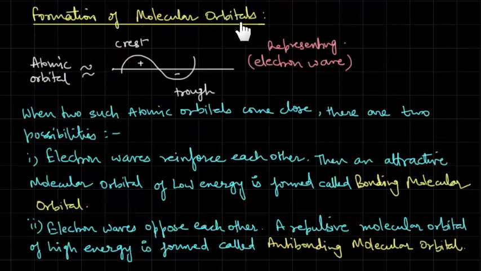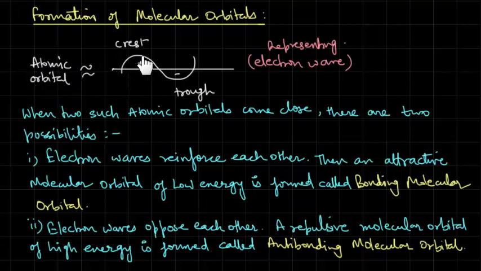So, formation of molecular orbitals. Let's understand in a bit more detail how they are formed. It's a quantum theory, so it's basically theoretical. There's not much mathematics involved, but just to understand it a little bit. You can think of an atomic orbital as an electron wave function.